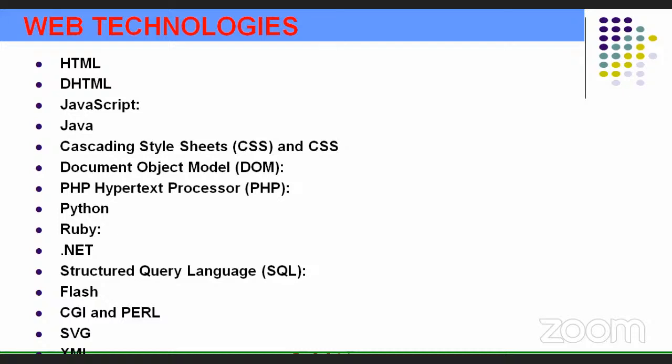And the next one is XML. XML stands for Extensible Markup Language. By using HTML we can develop websites, but the main focus of HTML is presentation. If we go for XML, the major focus is on data. Whatever code you have written using XML can be bound with any other software.